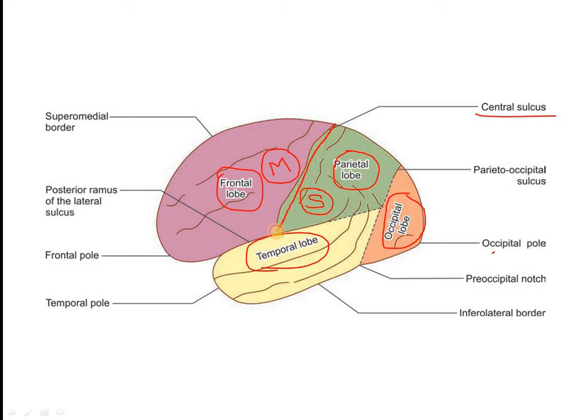The lateral sulcus divides the frontal lobe, parietal lobe and temporal lobe, and the imaginary line of the parieto-occipital sulcus and the extension of the lateral sulcus divide the occipital lobe from the parietal and temporal lobes.